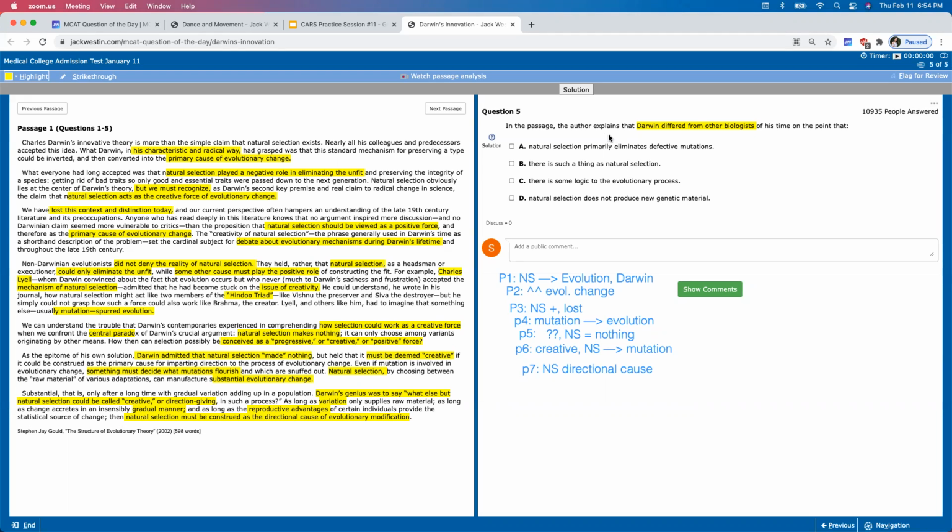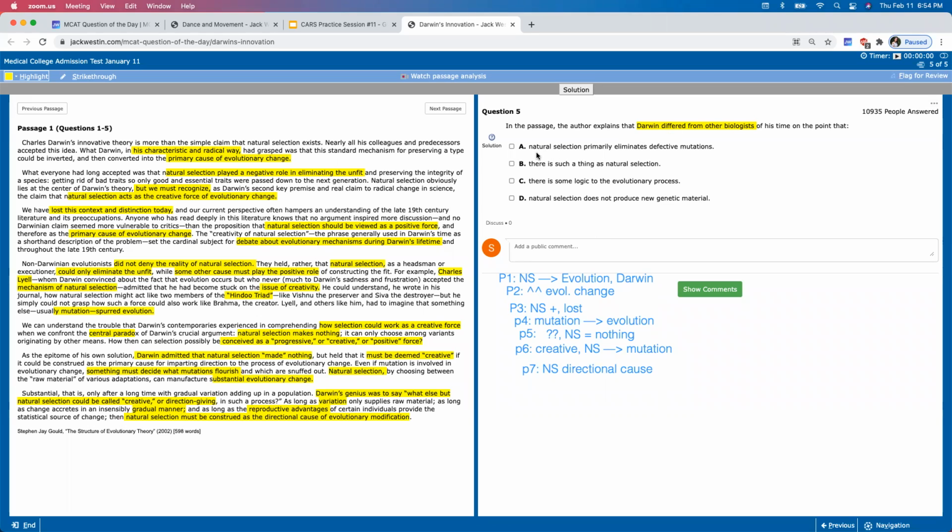What did you guys get? The author explains that Darwin differed from other biologists because why? Okay, I'm seeing some A's.